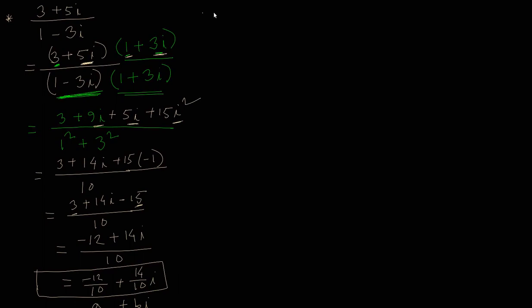Let us try another example just to see how we can proceed. Let's say I have 4 plus square root of negative 25 over 2 minus square root of negative 9.